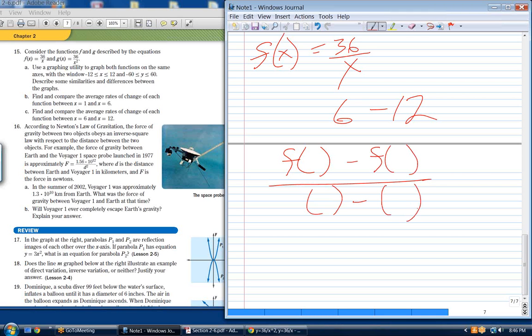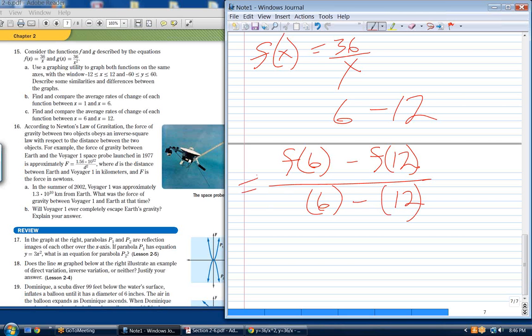What goes in these parentheses? It'd be 6 to 12, wouldn't it? Well, that's fine to do it that way, as long as you do it that way in the bottom also. Or, same thing, f of 12 minus f of 6 all over 12 minus 6.